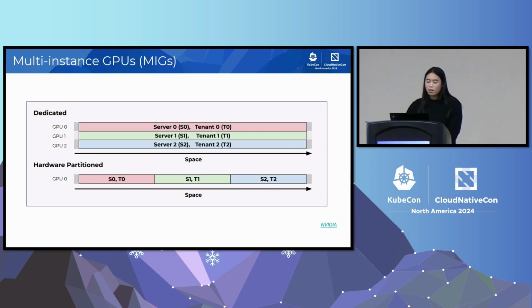And then MIG, our last partition technique, this enables a single GPU to be partitioned into separate GPU instances, up to 7 instances, and each are secure and isolated at the hardware level from each other. So this is really great for multi-tenanted use cases.